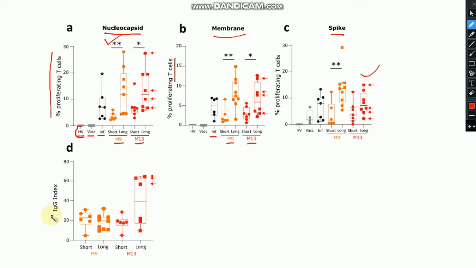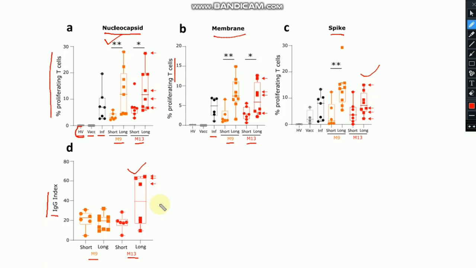They also showed the IgG antibody. In the case of the longer time period, after 13 months, the samples contain the highest IgG level, which is very significant. They only did 9 months and 13 months, but you see that at 13 months this is the most significant amount of antibody they detected.